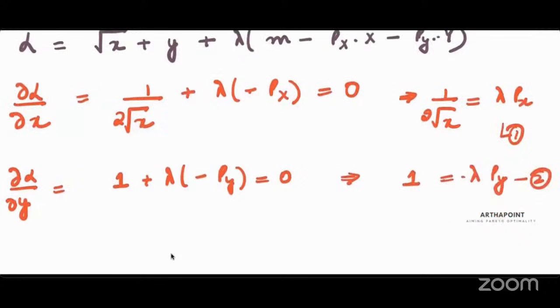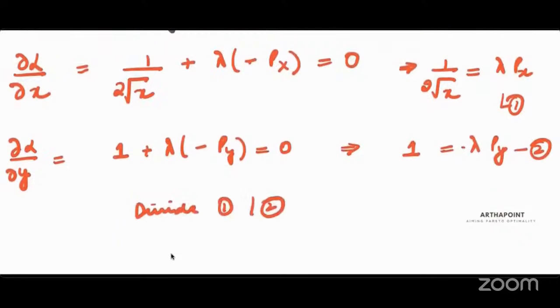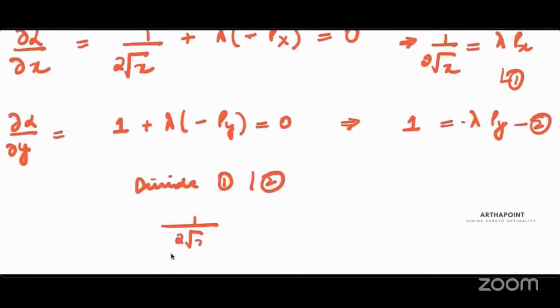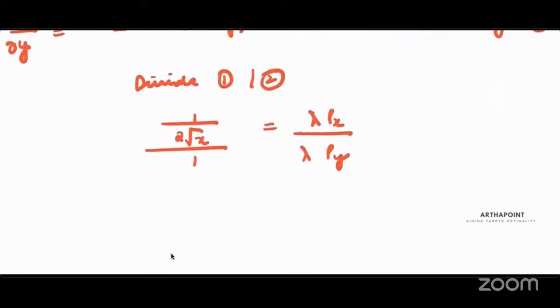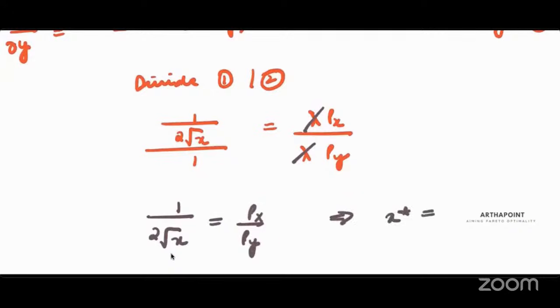You're going to divide equation 1 by equation 2. So you will get 1 by 2 root x by 1 is equal to lambda px by lambda py. So your lambdas would get cancelled and you will get 1 by 2 root x is equal to px by py, or you will get x star is equal to py by px into 2, all squared. This will be your x star.